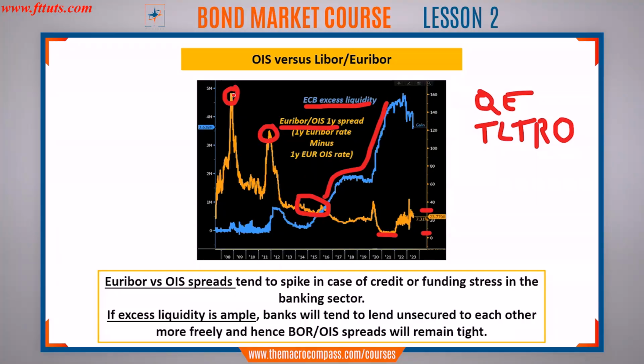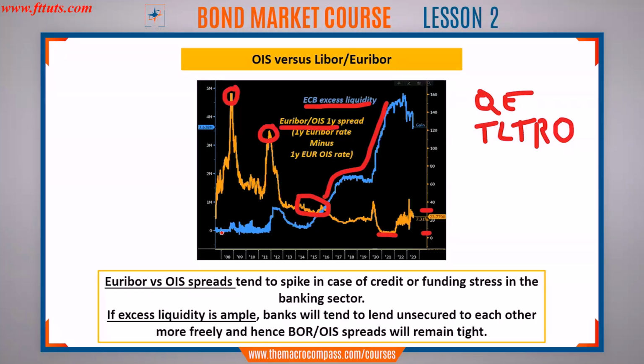That happened for two reasons. The most important one is that credit stress and funding stress in the banking system was abundant, and therefore monetary plumbing wasn't really working because banks weren't happy to lend money unsecured to each other due to rising default risks. Following the spread between Euribor and OIS is an important indicator of plumbing risks and stress in the market.